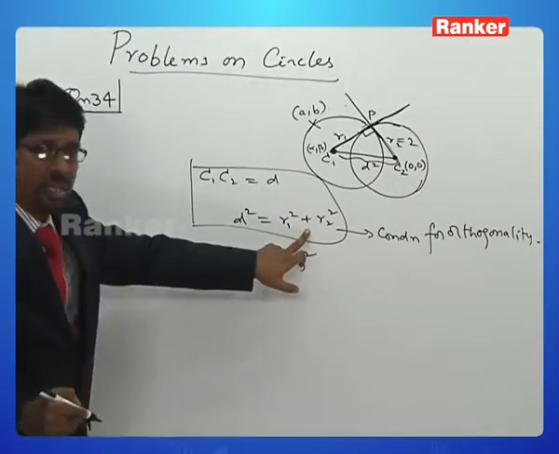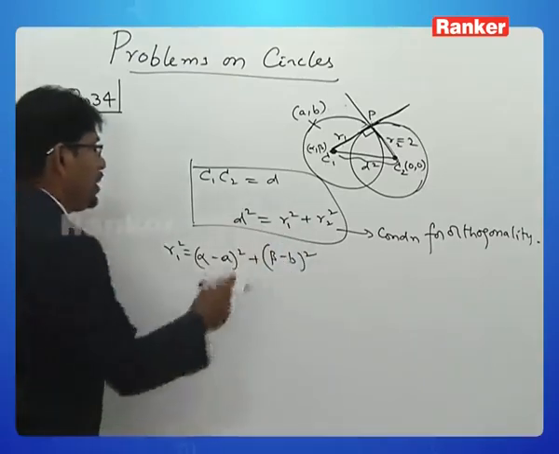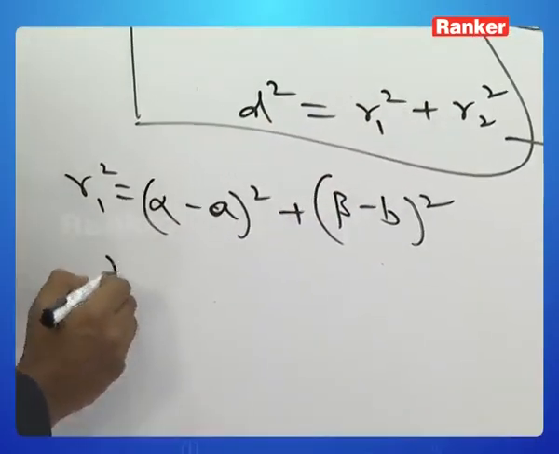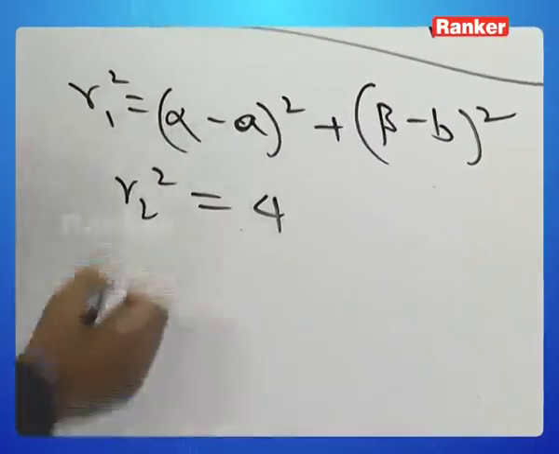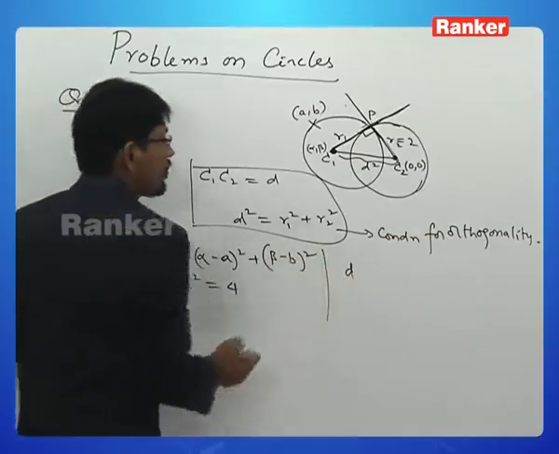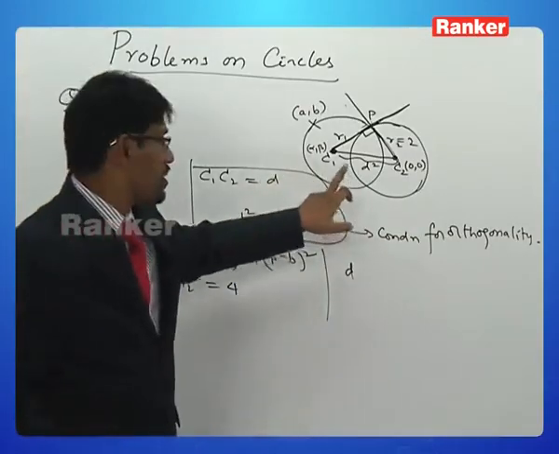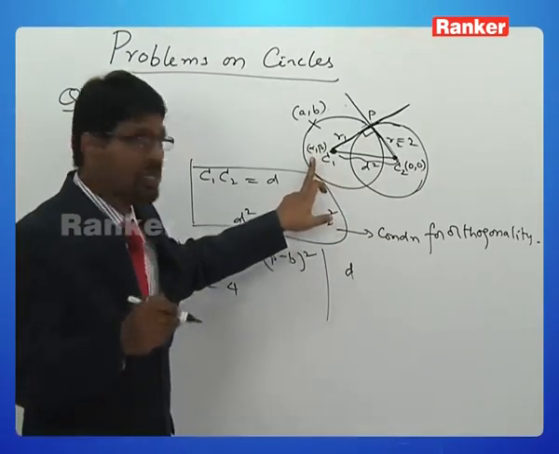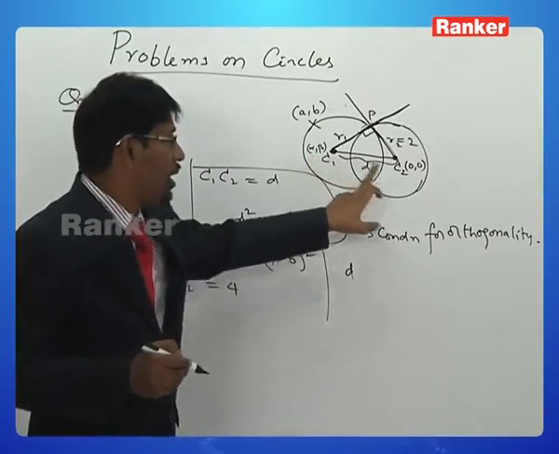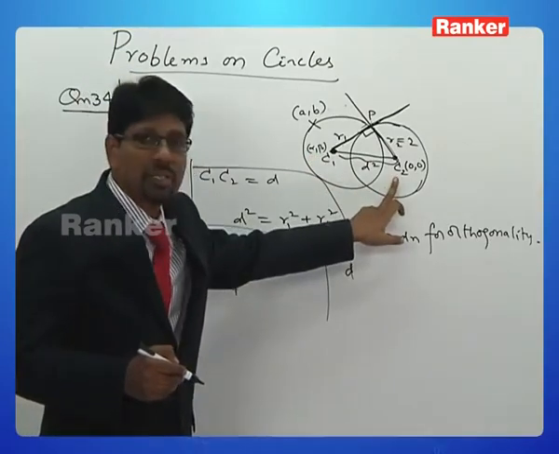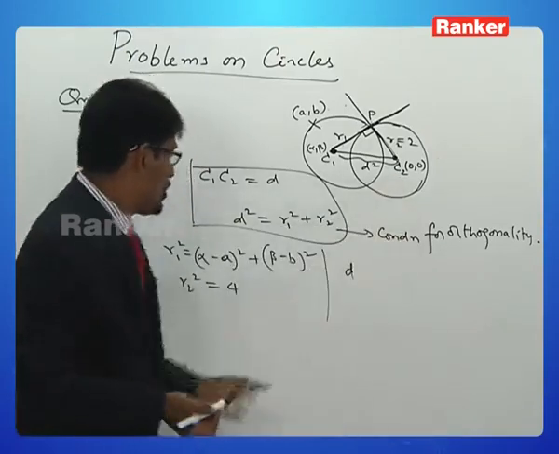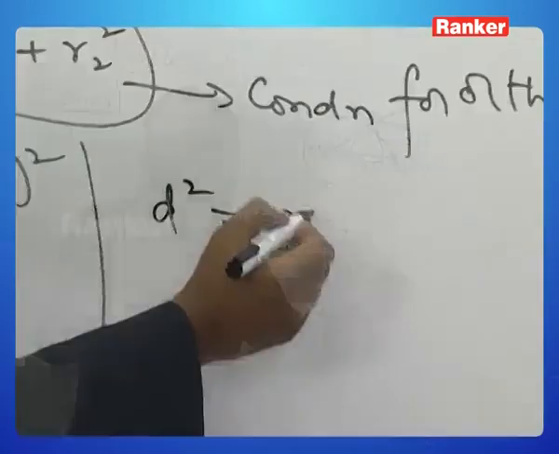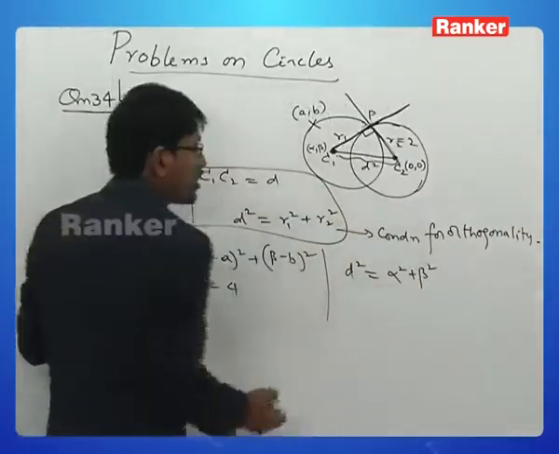What is R2 square we have? 4. So R1 square, what is D for us? D means the distance between the centers here. We have assumed one of the circles, that is the variable circle, to have the center (alpha, beta), and the fixed circle with which it is intersecting has the center at the origin here. Therefore D square is equal to the distance between C1 and C2 square. So alpha square plus beta square, that is D square.